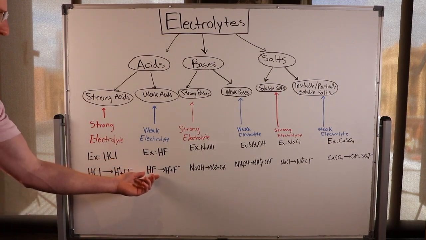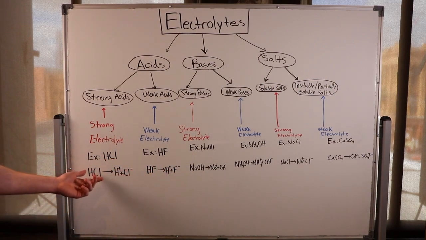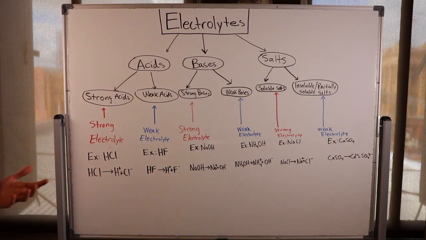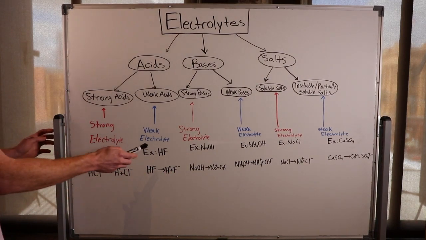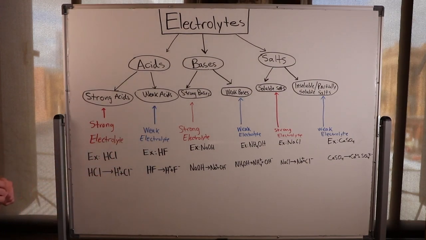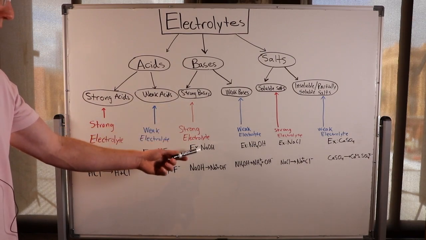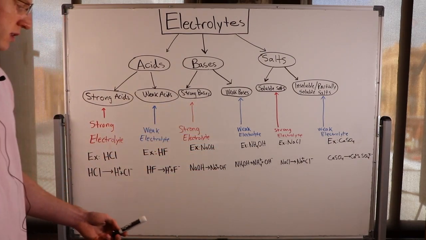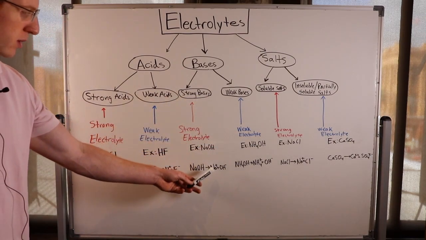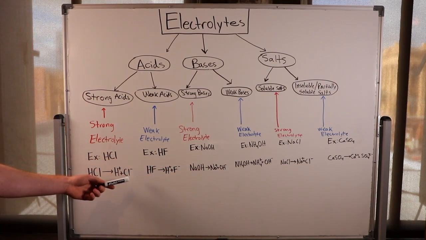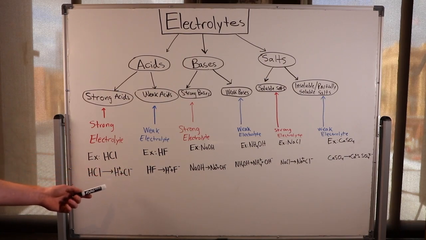So it really doesn't dissociate to nearly the same extent that the strong acids do. Therefore, it contributes fewer ions to the solution, so we call it a weak electrolyte. The same exact concept holds true for strong bases and weak bases. The only difference is that bases generally contribute hydroxide ion to the solution, while strong acids and weak acids generally contribute hydrogen ion, or H plus.